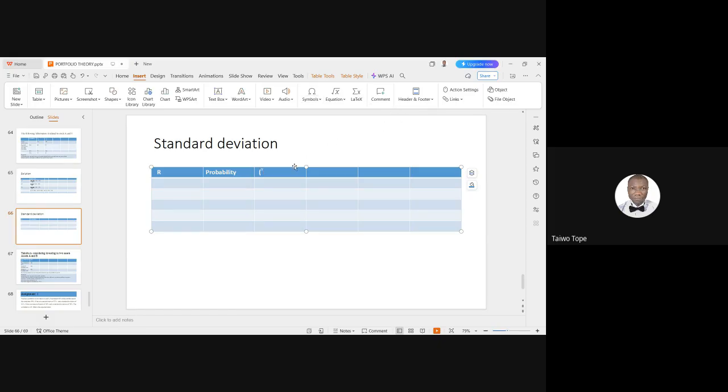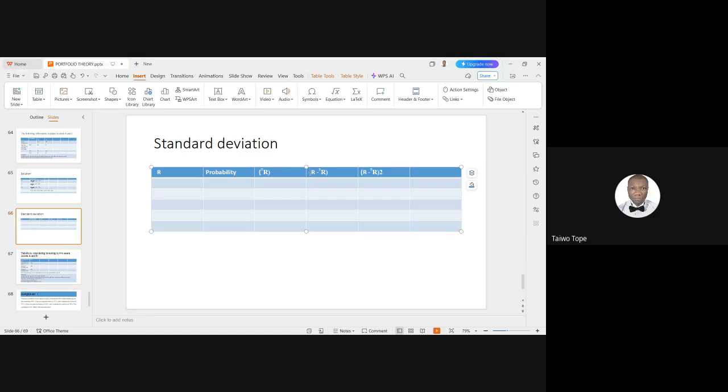R bar. To get your variance, you still have to move R minus your R bar. What will be the next column? R minus R bar squared.